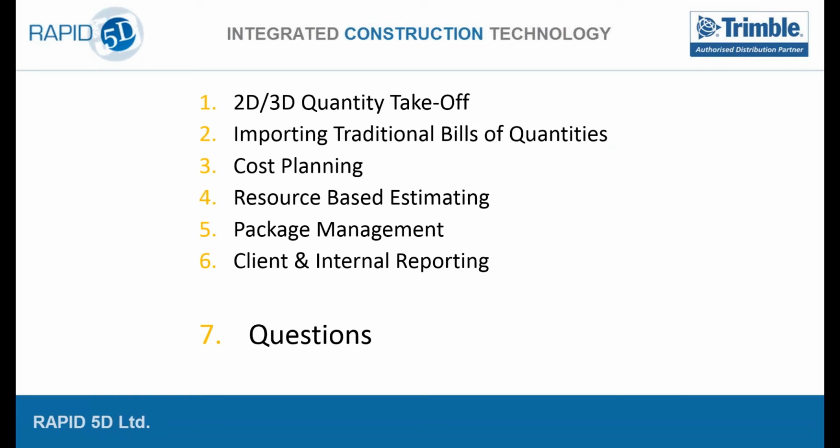Then we're going to look at a little bit of cost planning, so using an NRM1 structure this time to develop a cost plan, bring in some resources from a library, which could be either a Rapid5D standard library or your own company library, which we can help you import into Vico. Then a bit of package management, and then finally I'll show you the real strength of Vico, which is its reporting engine, which allows you to take all the data that we've produced in the next 15 minutes and output it in a meaningful way. And then we'll go on to some questions.